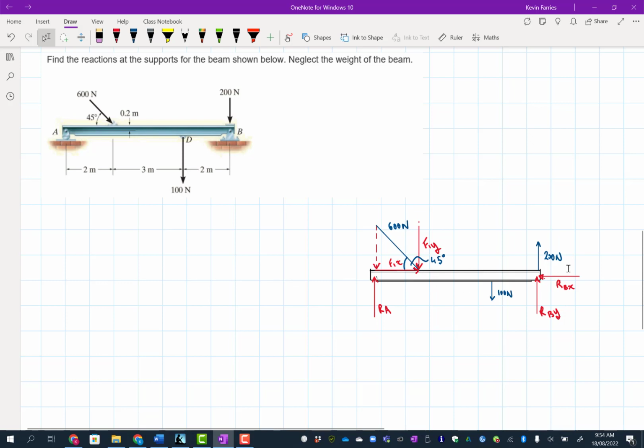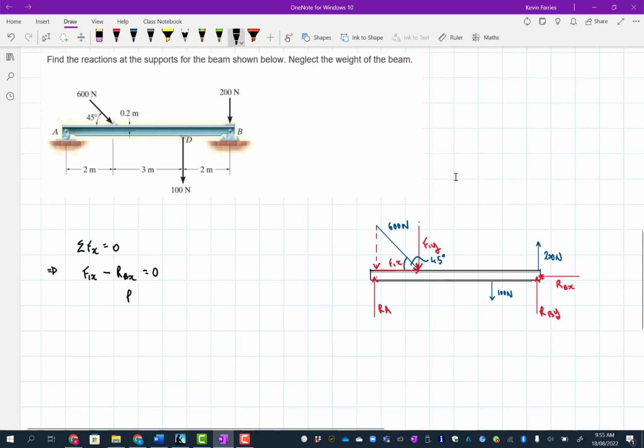So we can start with the sum of the X components must be equal to 0. That implies that F1x, in the positive direction, minus RBX, because it's in the negative direction going this way, must be equal to 0.